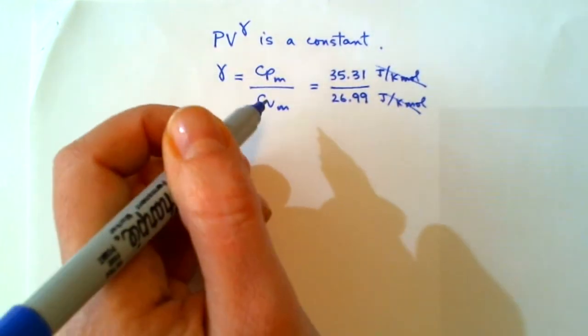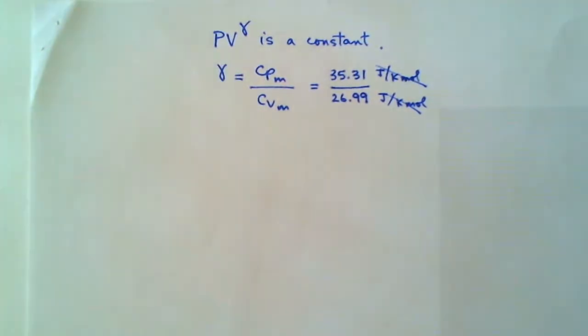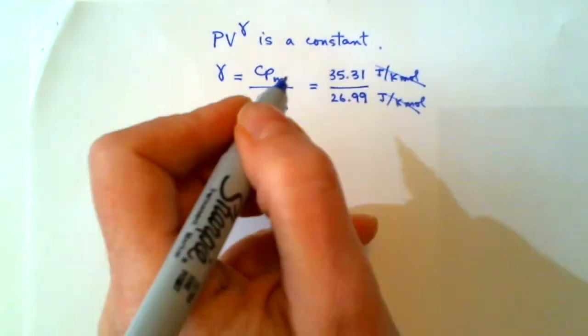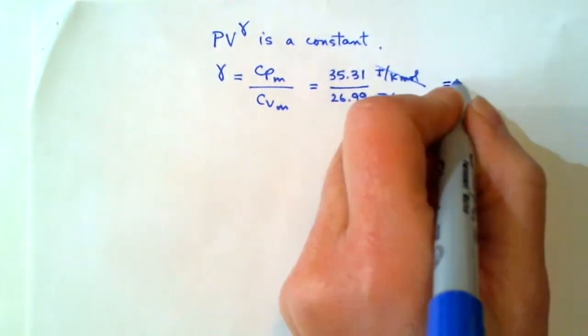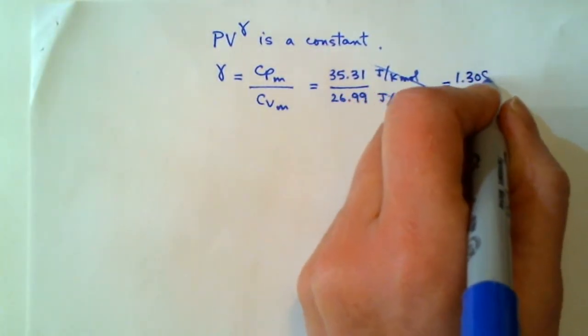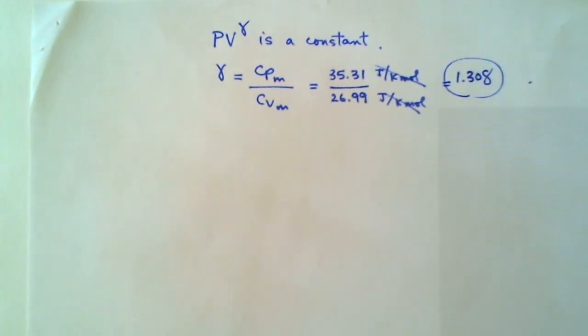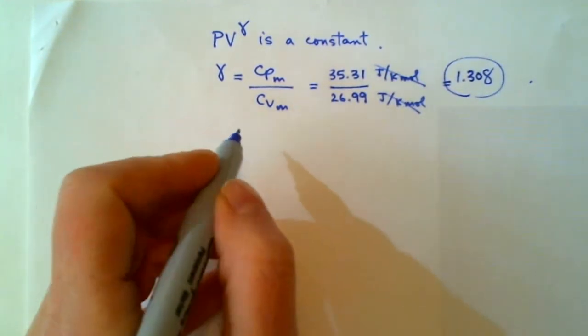So let's find what is gamma. In some questions they'll actually tell you, they'll give you the value for gamma, but they didn't here. We were given a CP, so this is what we would do. 35.31 divided by 26.99, and I have 1.308. No units, of course. So that's the gamma that I'm going to use.